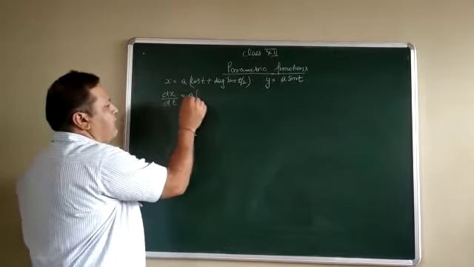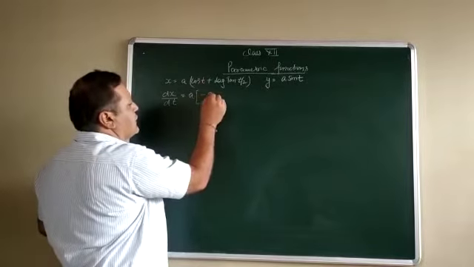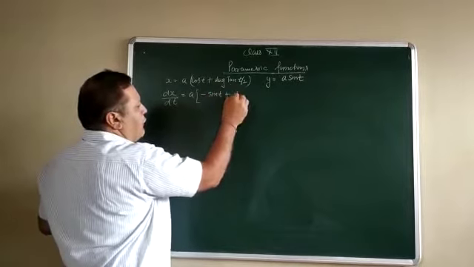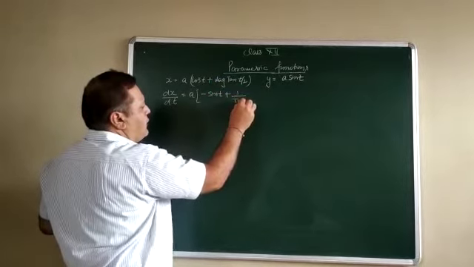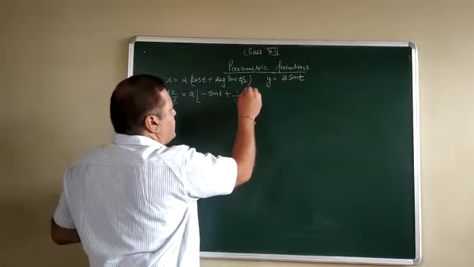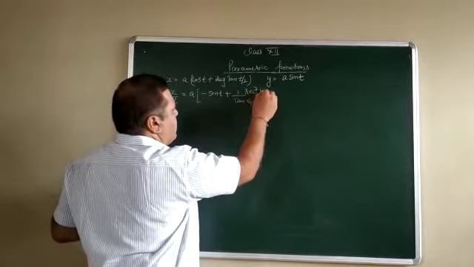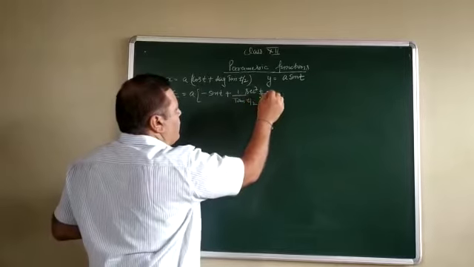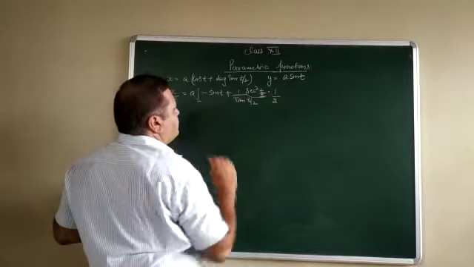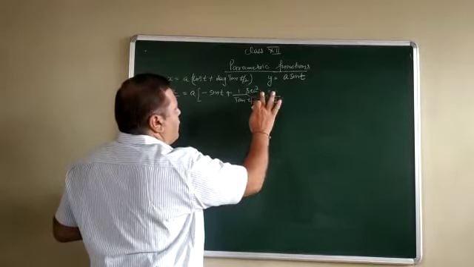It is the derivative of cos, which is minus sin t, plus the derivative of log tangent t by 2, and the derivative of tangent is secant square t by 2, and the derivative of t by 2 is 1 by 2. So this is the derivative of the function.